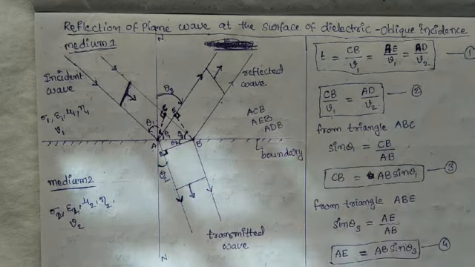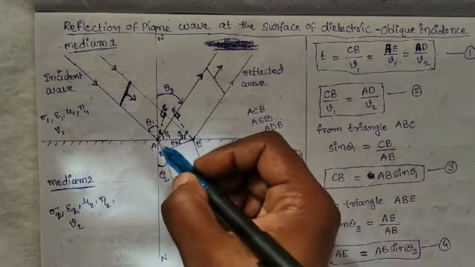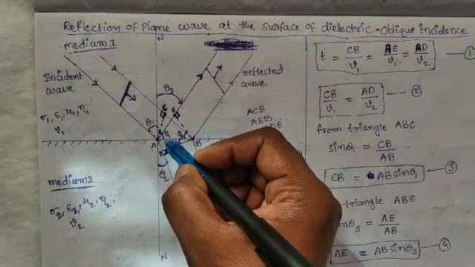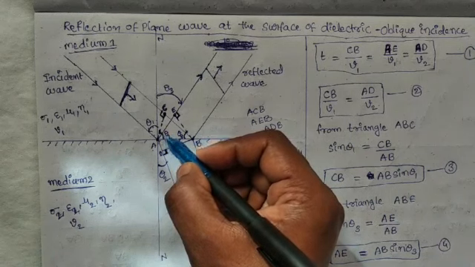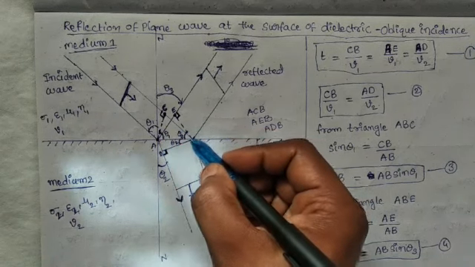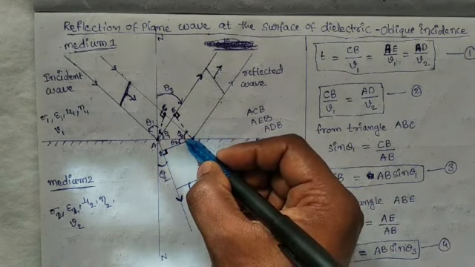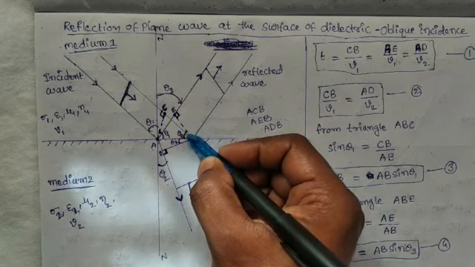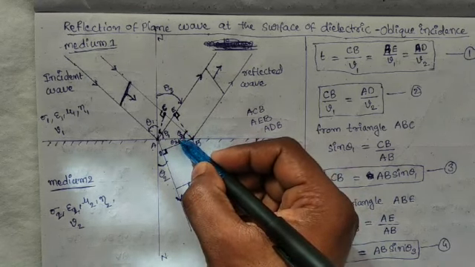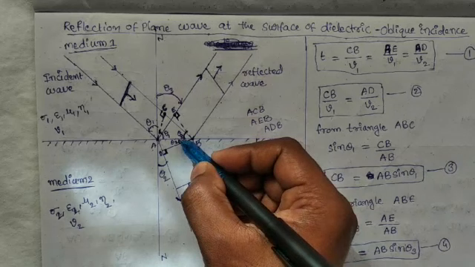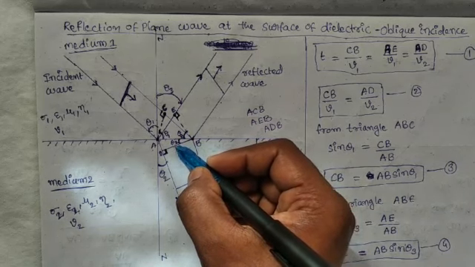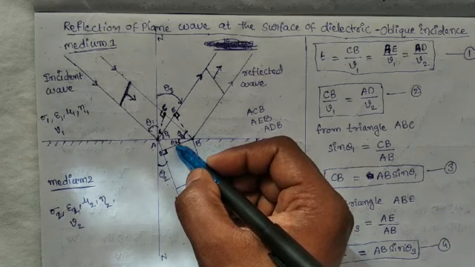This is the incident wavefront. The incident wavefront makes an angle θ1, the reflected wavefront makes an angle θ3, and the transmitted wavefront makes an angle θ2.